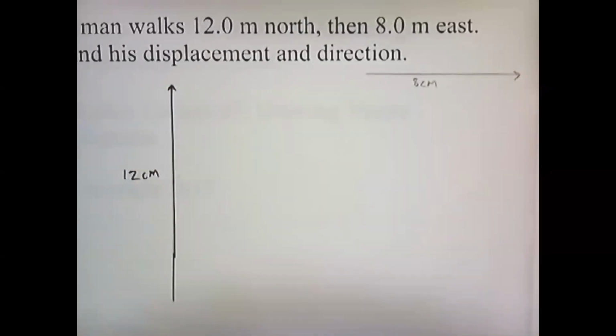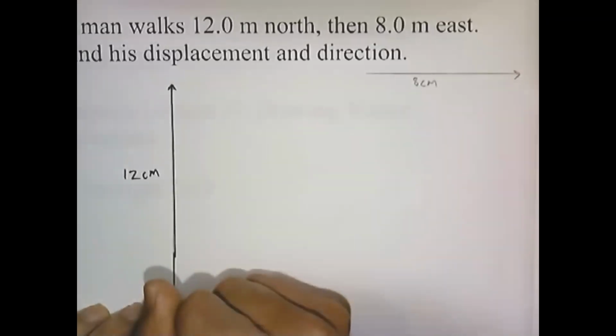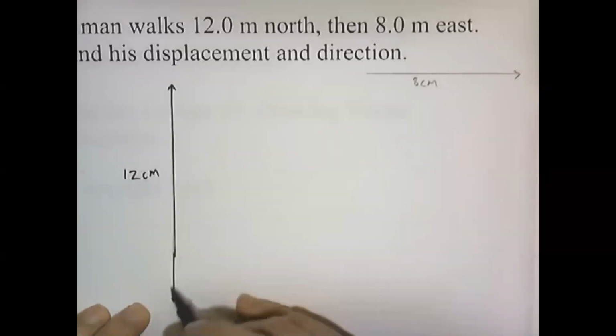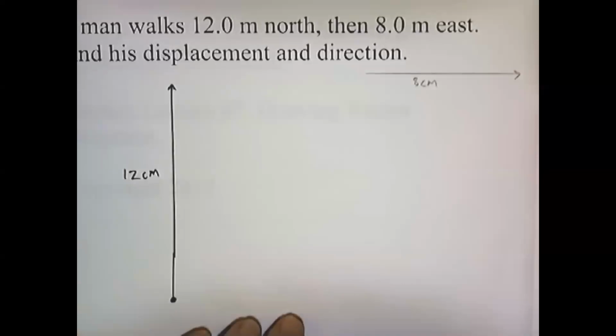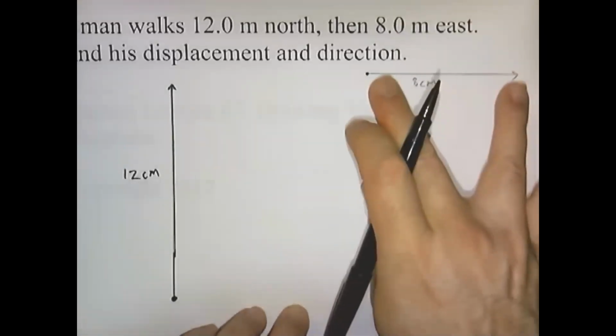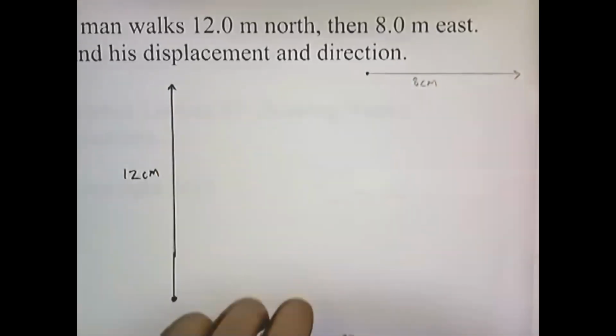And before I forget, every time we draw these problems, you always put a big dot at the tail of the first vector. So here's the tail of the first vector, I always put a big dot next to it. I'm just basically going to slide this over and put the tail of the second vector at the head of the first.